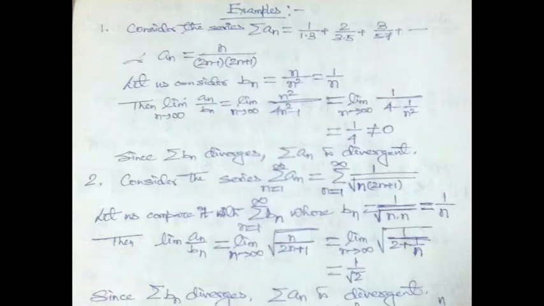So if we compute the limit of u_n by b_n, that will be limit n tends to infinity square root of n by (2n plus 1), that is the limit will be 1 by square root of 2, which is a non-zero number. But the summation b_n, that is summation 1 by n, is a divergent series, therefore the given series can't converge, therefore the given series is divergent.